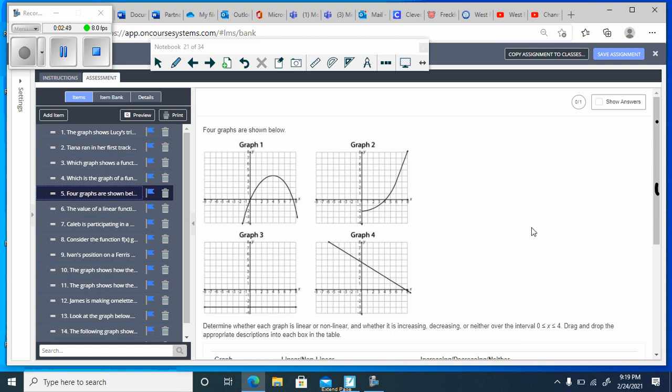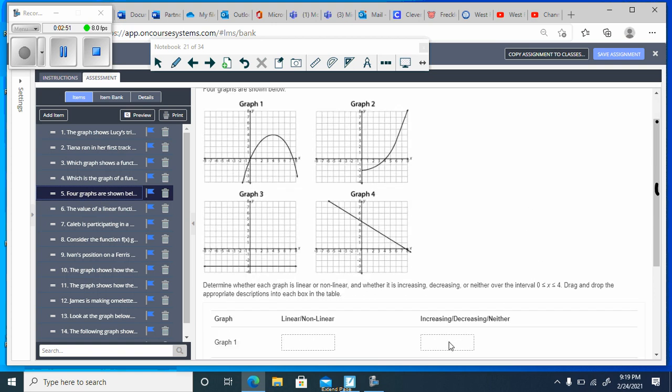Four graphs are shown below. Decide whether each is linear or nonlinear, increasing or decreasing from x is 0 to 4. Okay, nonlinear, let's say from 0 to 4, it's increasing, right? Here's 0, there's 4. It's increasing. Nonlinear, what's it doing from 0 to 4?